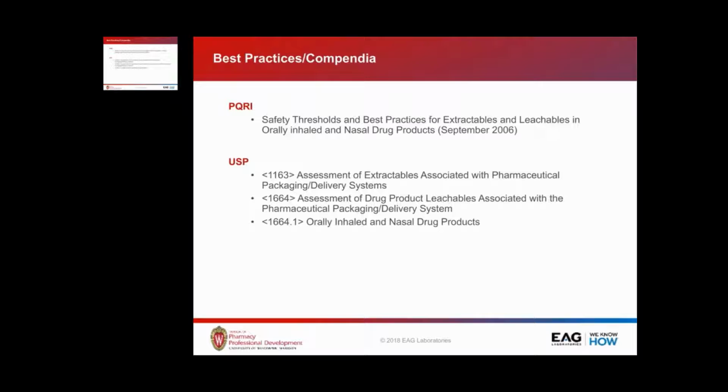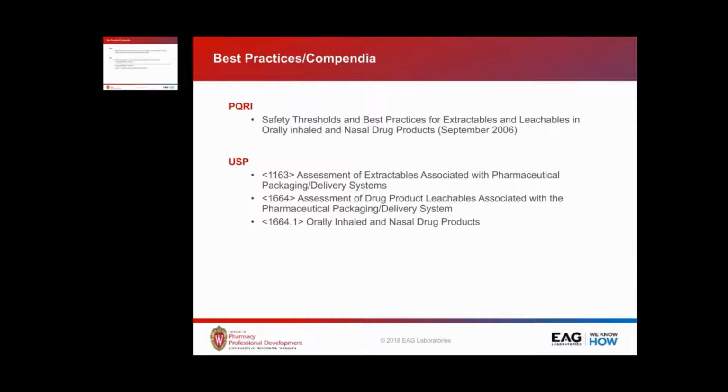They did publish the best practice document for orally inhaled and nasal drug products back in 2006. Which is really the first time that putting out there down on paper, here is how to perform extractable and leachable studies. It does focus specifically on inhalation products.